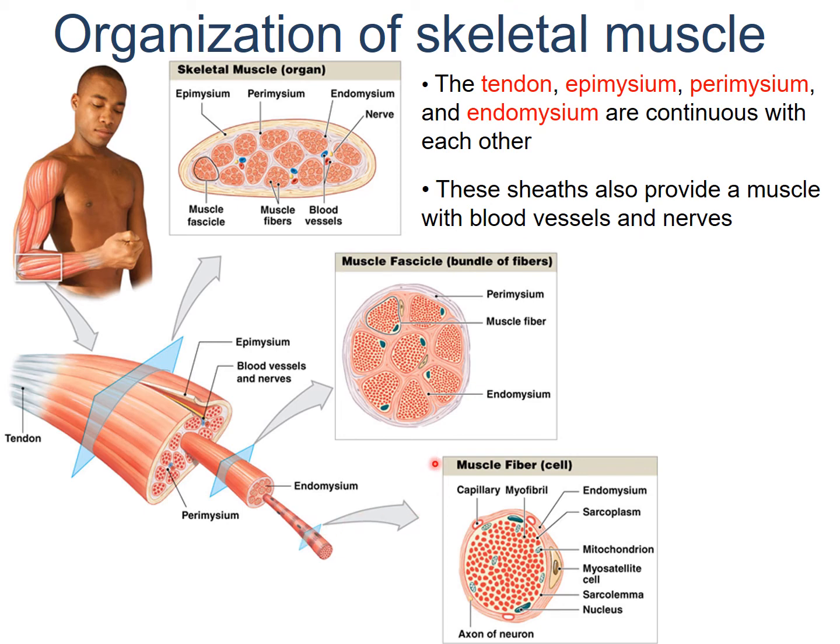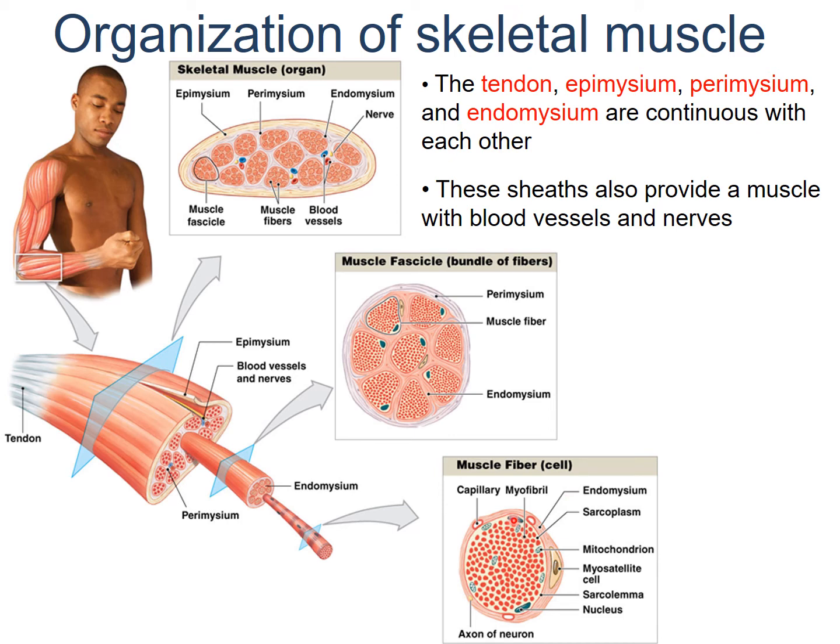Now we're looking at a cross section of one skeletal muscle fiber. And I like how they remind you in parentheses that this is one cell, okay? All right, so what do we call that sheath of connective tissue that surrounds one skeletal muscle fiber? That sheath of connective tissue is called the endomysium, okay?